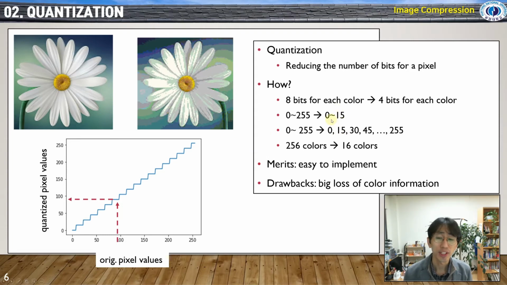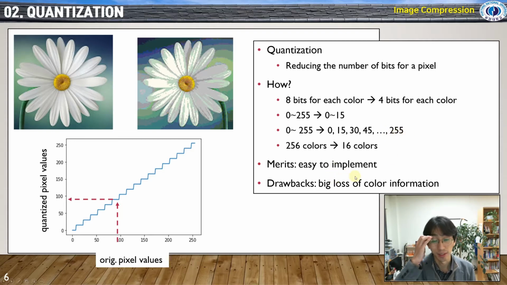We can express 16 colors, and we can choose these 16 colors uniformly according to the y-axis. So the actual values will be 0, 15, 30, 45, and so on, up to 255. And this is pretty easy to implement.